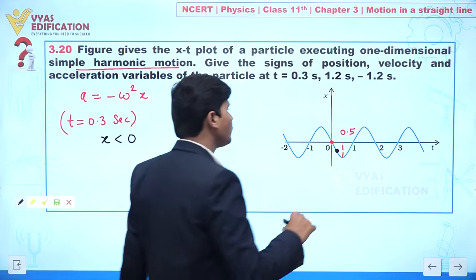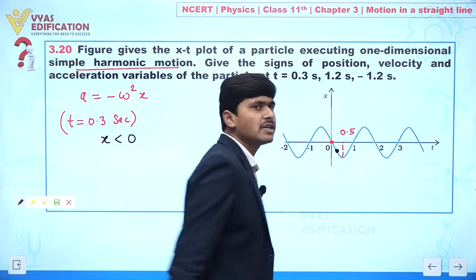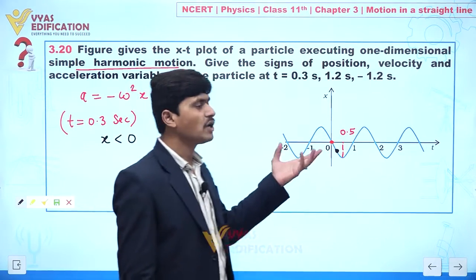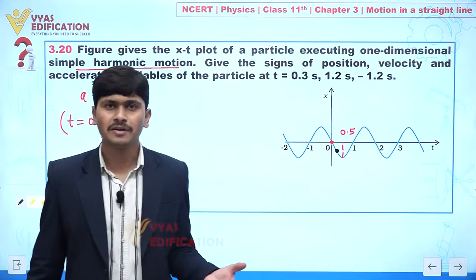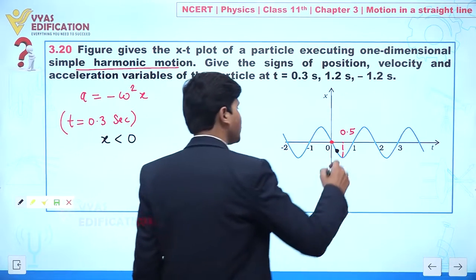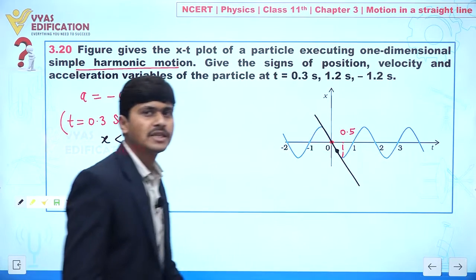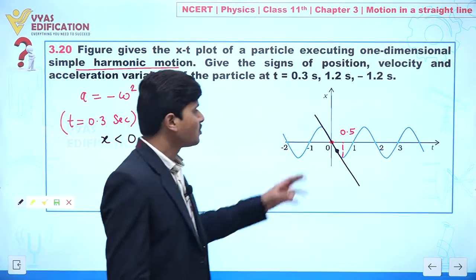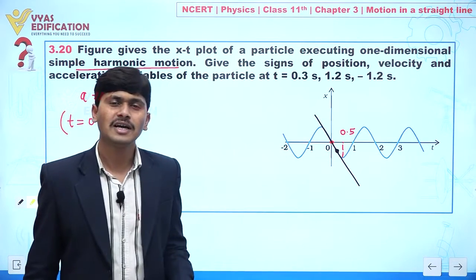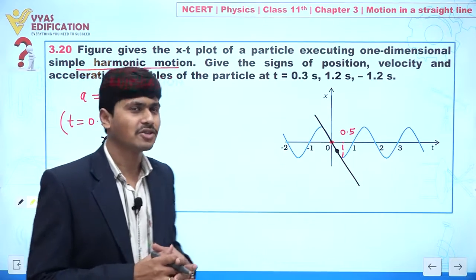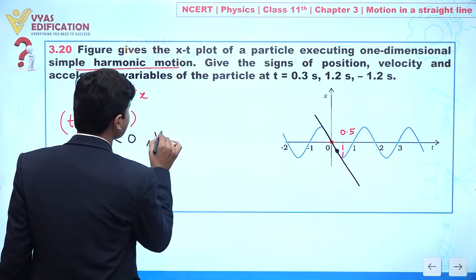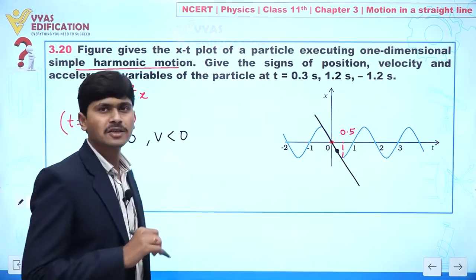Now, because this is an x-t graph, if we draw a slope at any point, then what does this represent? This represents velocity. Yes or no? Now we can say this is a negative slope. Clear? So it means velocity is also less than 0.